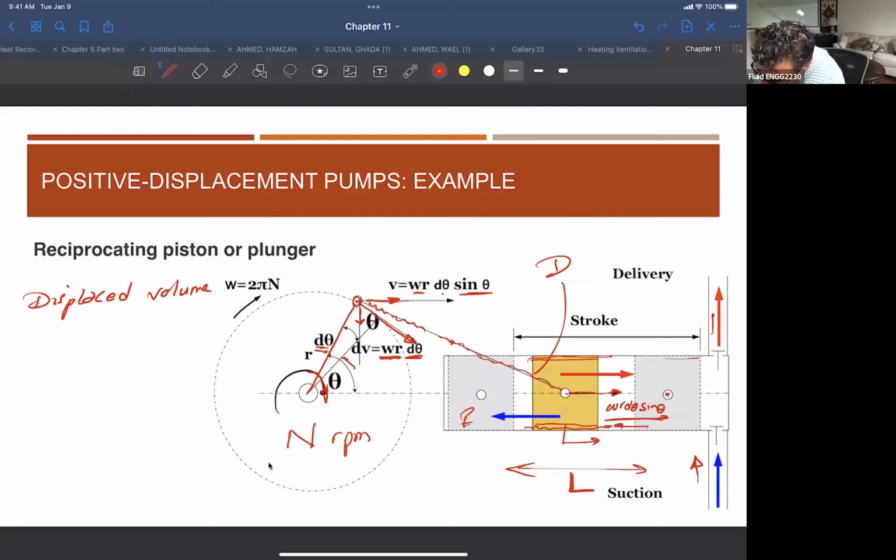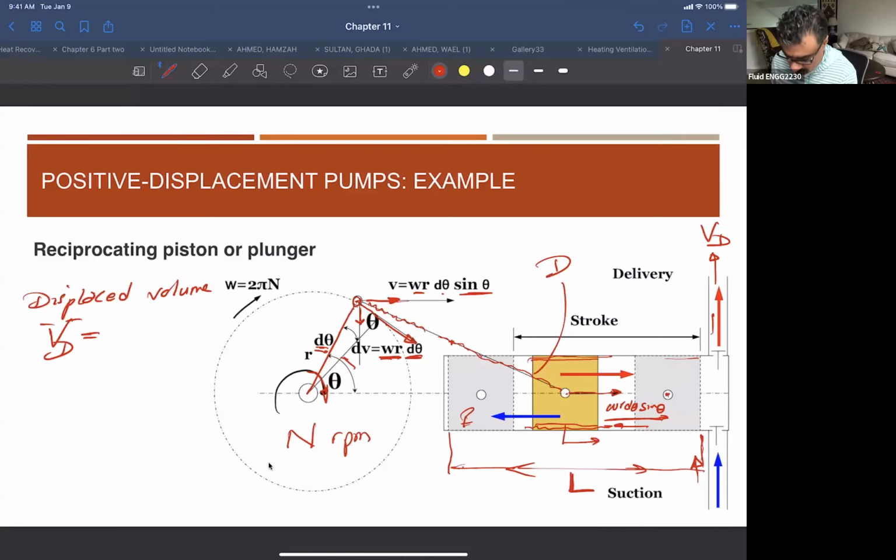So this is the maximum point where the piston is, and this is the minimum point where the piston is. So how much displaced volume here? Anyone?